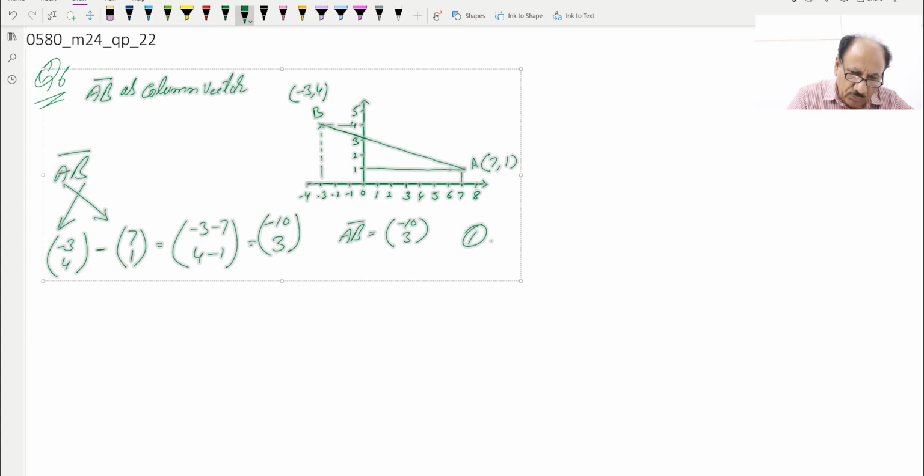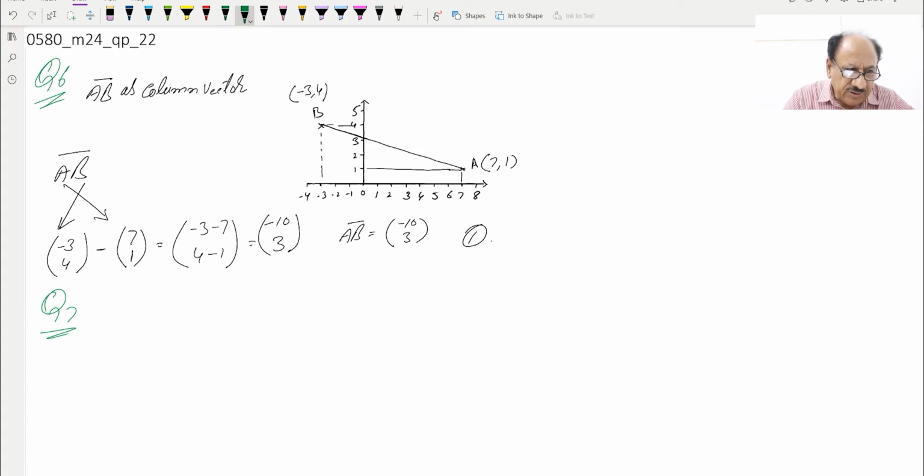So we can go through question number 7, and question 7 says, as the temperature increases, it's a descriptive 1 mark question. As the temperature increases, so temperature is increasing, the number of people who go swimming, so swimmers, are also increasing.